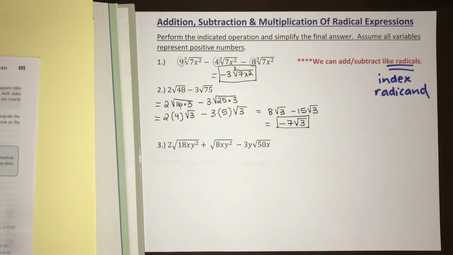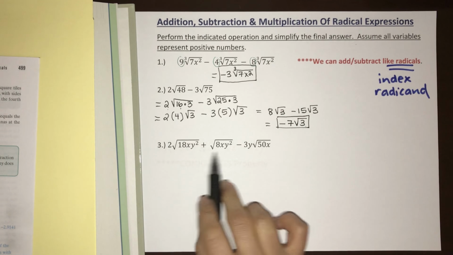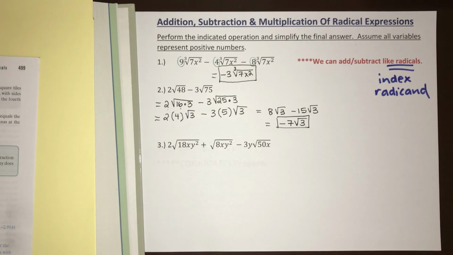Last example for adding and subtracting. So in this case, we are going to do the same exact thing. We're going to simplify each of these radicals, see if we can find like radicals.